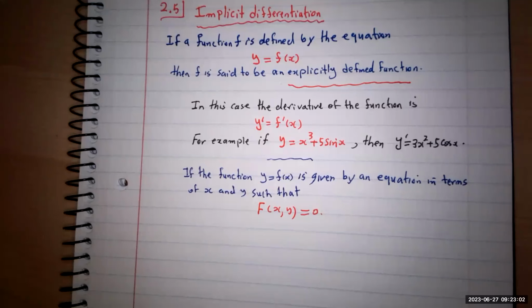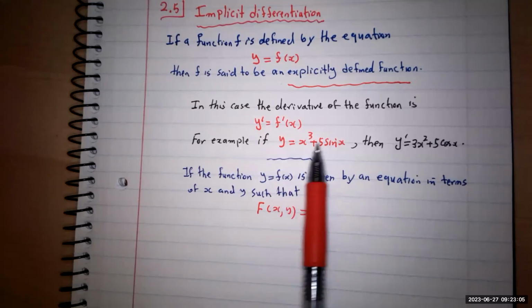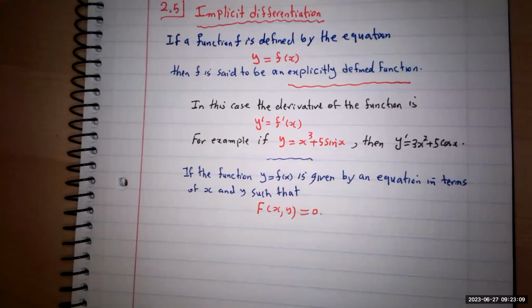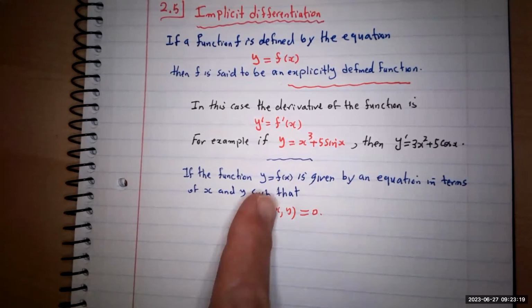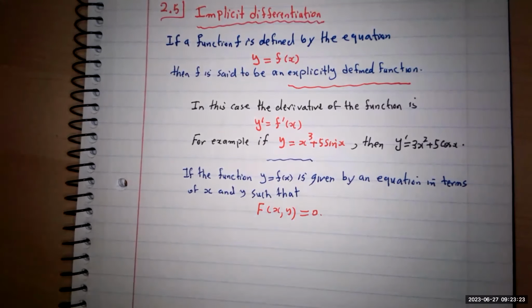There is a y, but we don't have it directly. You have to solve this equation for y to get the y in this form, but solving that equation is not easy. So this is a situation you're going to have. If this is the case, we say there is a function, and it's defined implicitly by this equation.